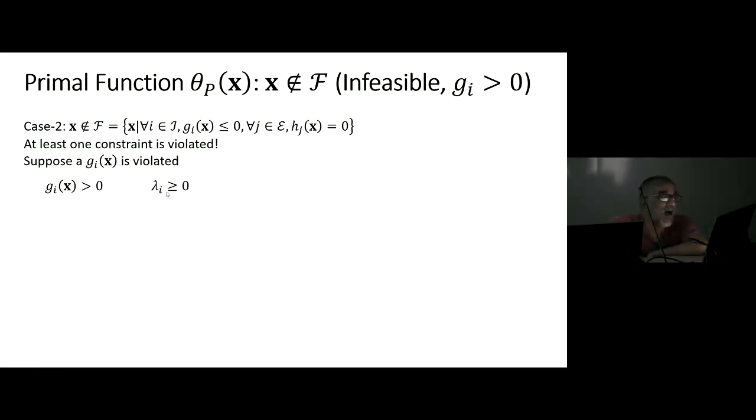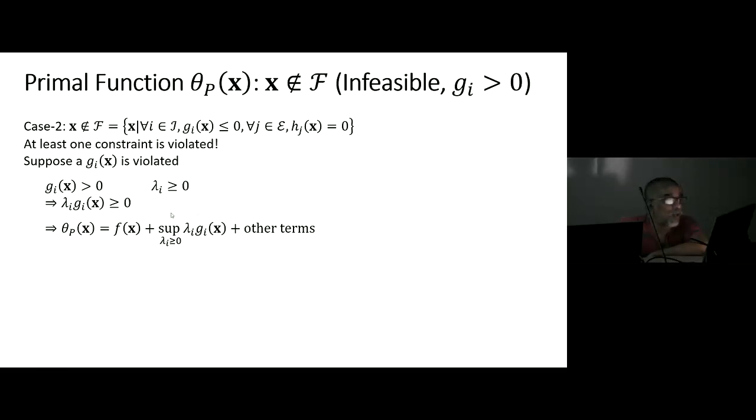And lambda i is always greater than or equal to 0. So what happens to their product? Their product is always greater than or equal to 0. Correct? Now, theta p of x would be the objective function f of x plus the supremum of lambda i g i of x plus other terms.